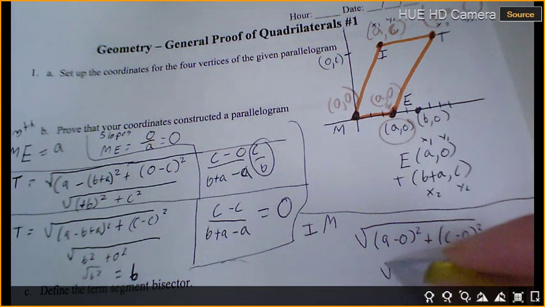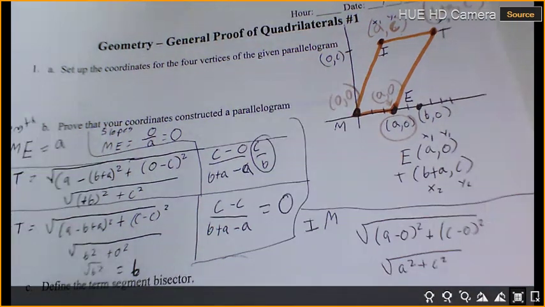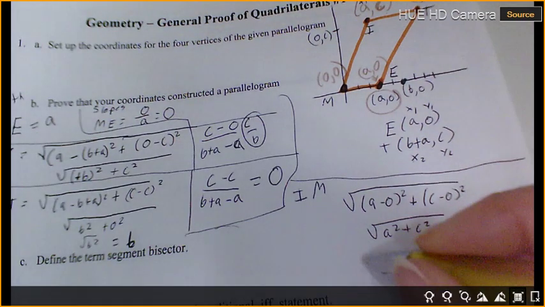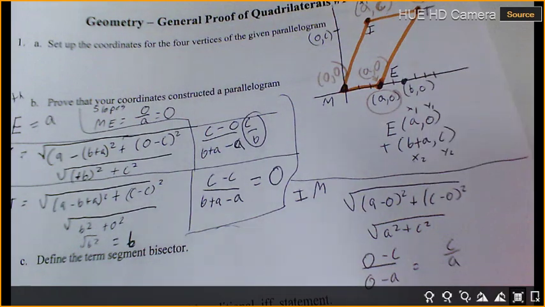So we get the square root of A squared plus C squared. Done. Now the slope: 0 minus C over 0 minus A. That gives me C over A, right? Negative over negative makes it a positive.